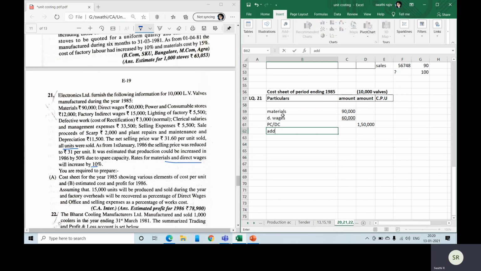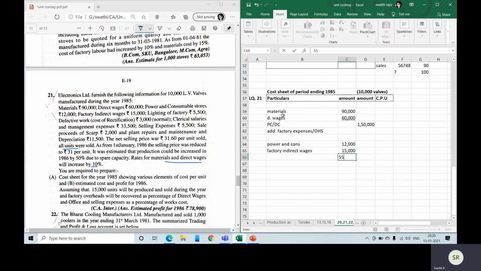Now, along with this, we will add our factory expenses or overheads. You have more than one here. First thing being power and consumables, which are 12,000, and factory indirect wages are 15,000.